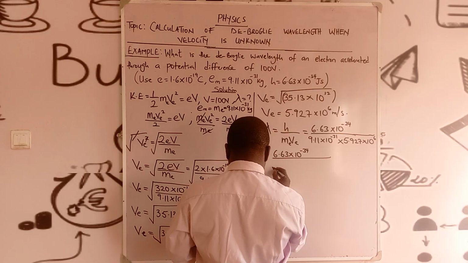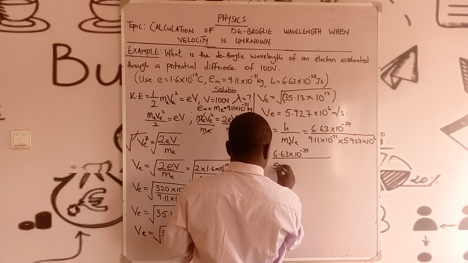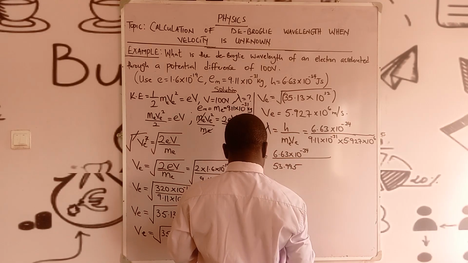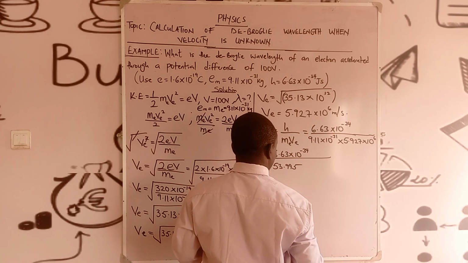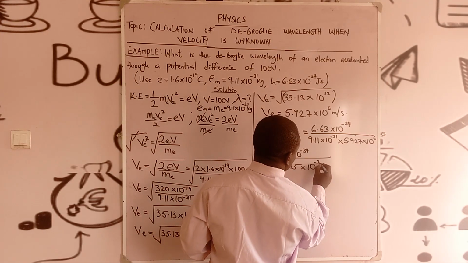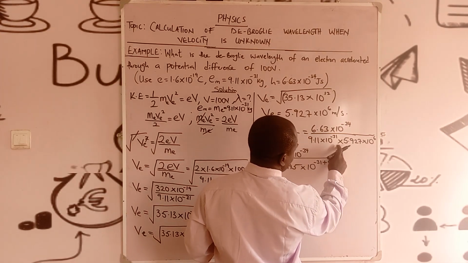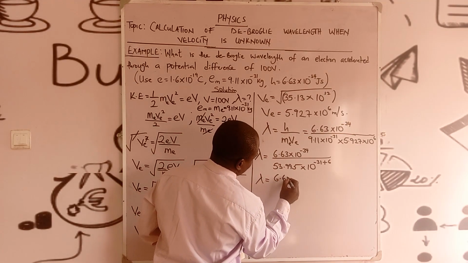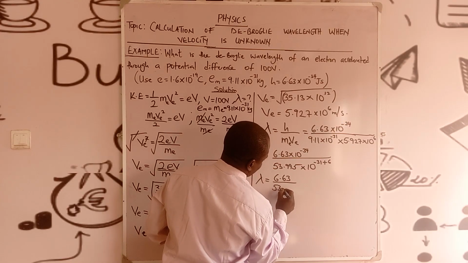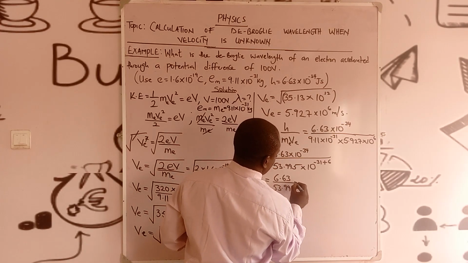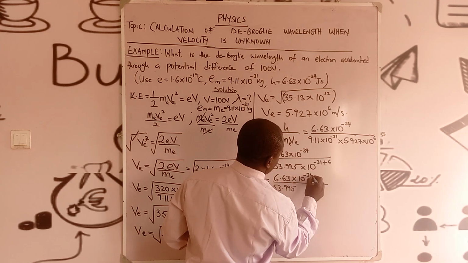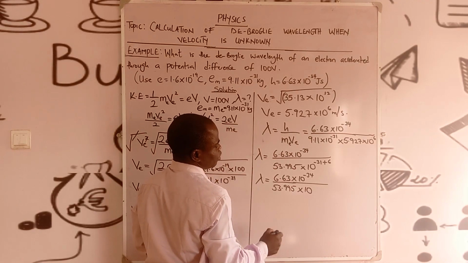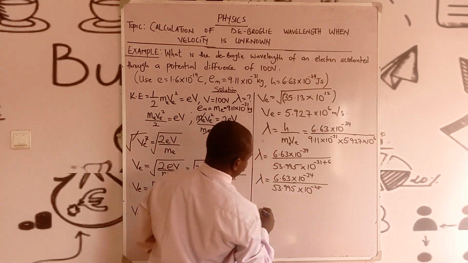When you multiply that, you are having 53.995 times 10 to the power minus 31 plus 6. Indices calculation is positive when you are raising it to a power. Wavelength equals 6.63 divided by 53.995, times 10 to the power minus 34, over 10 to the power minus 31 plus 6, that's minus 25.